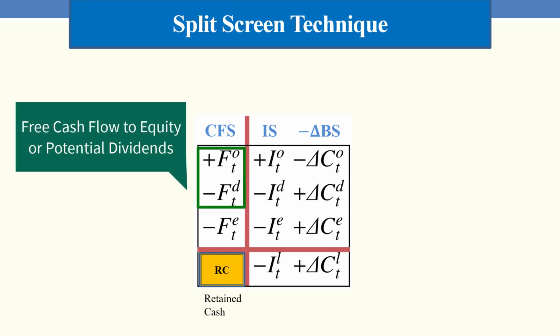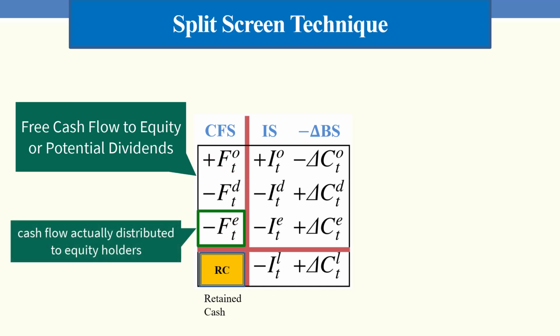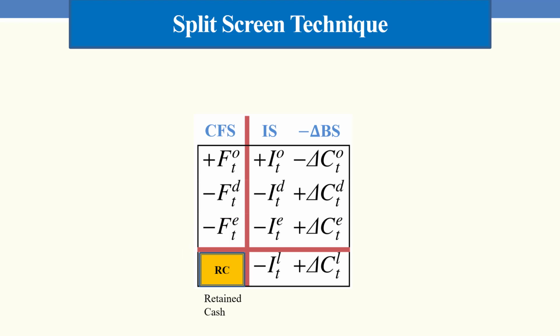This is the cash flow that can be distributed to equity holders. This is the cash flow that is available to distribution to equity holders. We subtract the cash that is actually distributed to equity holders and find the retained cash. The upper right partition supplies a more detailed breakdown in terms of income components and book value components.